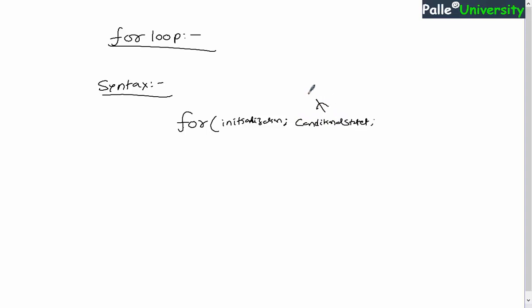Usually after execution of the conditional statement, it has to give true or false. Basically this conditional statement must give you a boolean value, and immediately after this semicolon, an incrementation or decrementation statement. Next, open curly bracket, end curly bracket.